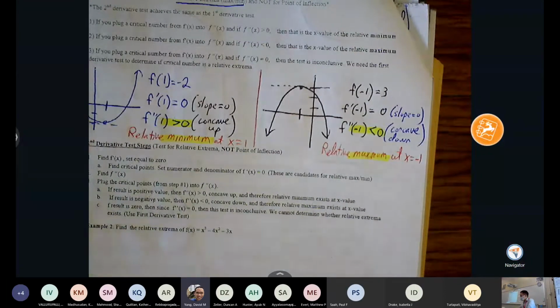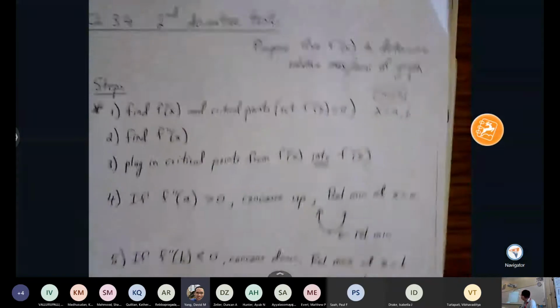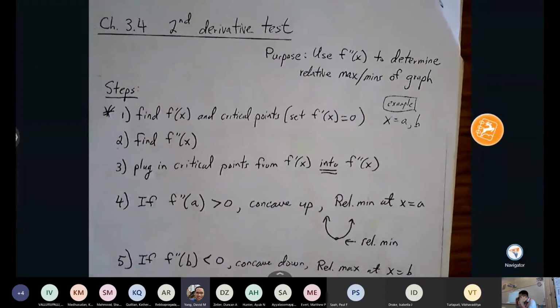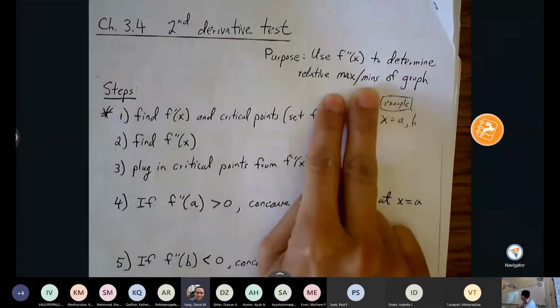Okay. We're going to go through example 2, but let me go through the steps using my summary sheet, and then we can go through example 2. So my summary sheet here, the purpose of the second derivative test is to use f double prime, the second derivative function, to find the max and mins of the graph.